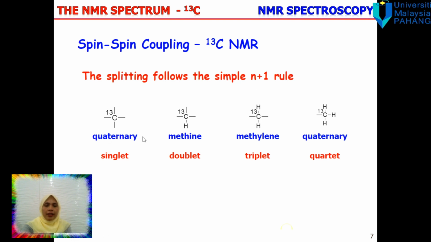Let's say this quaternary carbon, meaning all around this carbon is carbon and there is no neighboring proton, this signal becomes a singlet. If there is one proton on this carbon, following the n plus 1 rule, it becomes a doublet.